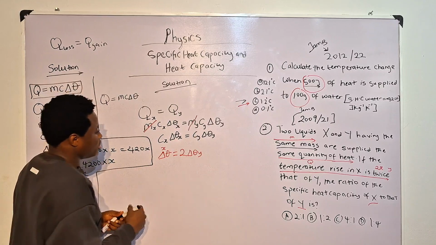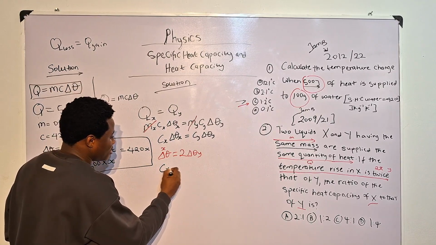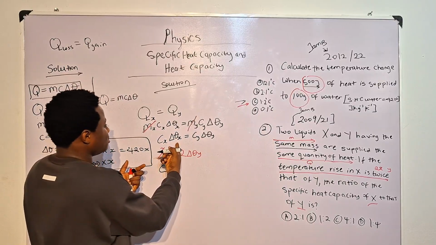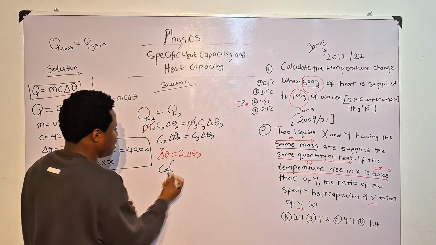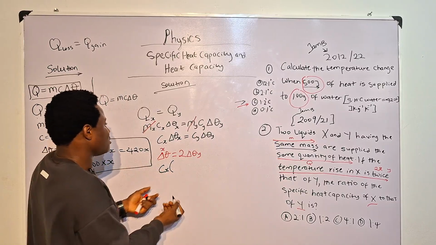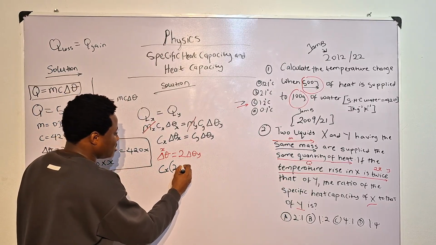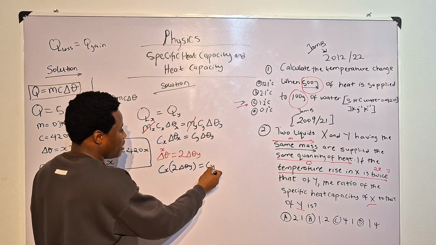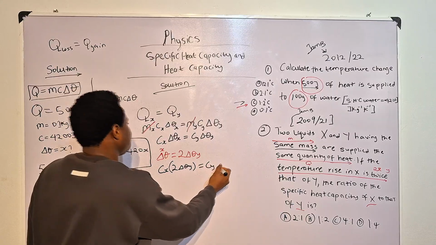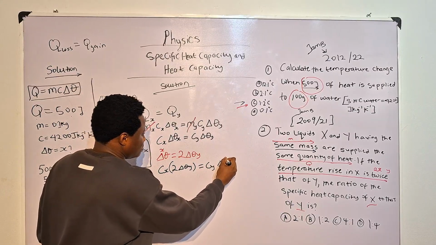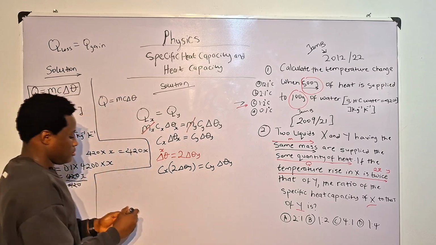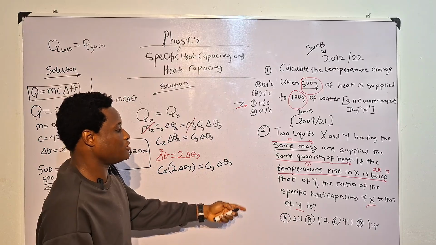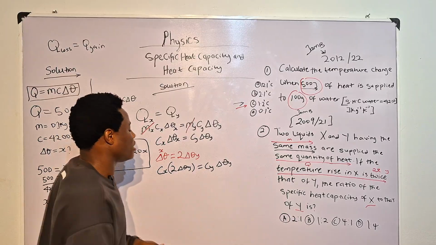So we go down to our equation again. We say specific heat capacity of X in brackets, because we are substituting this one for this one. So we say the specific heat capacity of X times 2 change in temperature of Y is equal to Cy, which is specific heat capacity of Y times change in temperature of Y. Now you remember the question, it says what is the ratio of the specific heat capacity of X to that of Y?